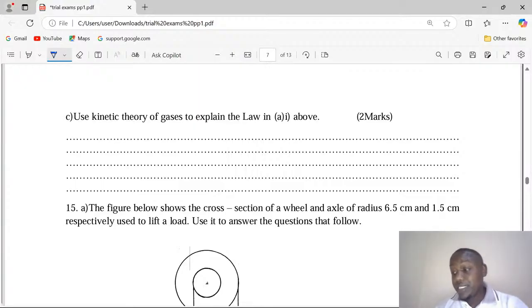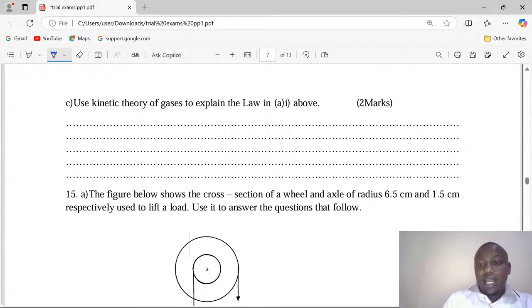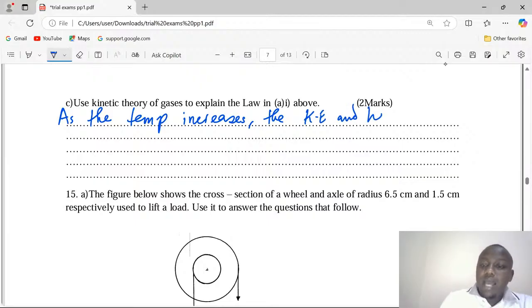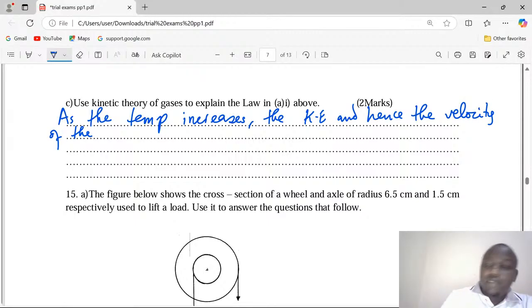So you say that as the temperature increases, the kinetic energy increases, and hence the velocity of the air molecules also increases.